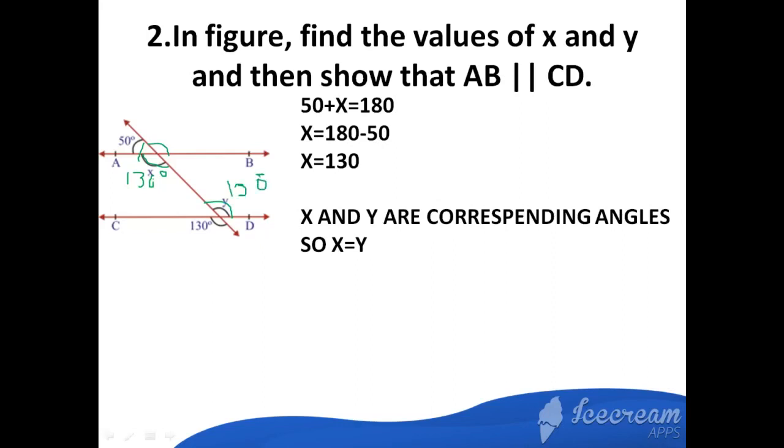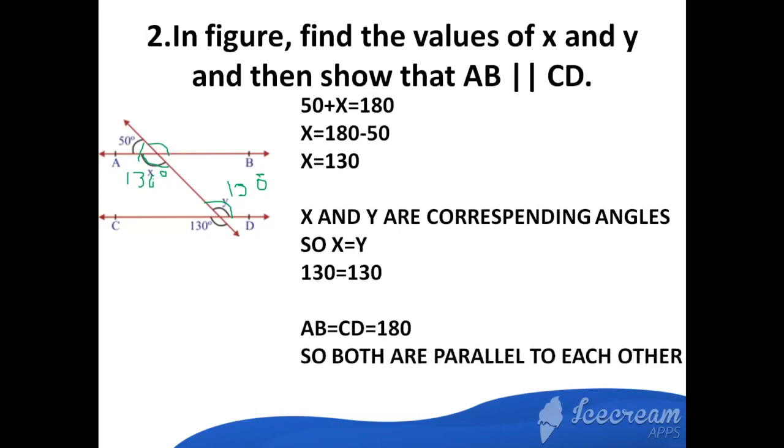Now we want to show that AB is parallel to CD. 130 degrees is equal to 130 degrees, so x is equal to y. Then AB and CD are 180 degrees. So now both are parallel to each other.